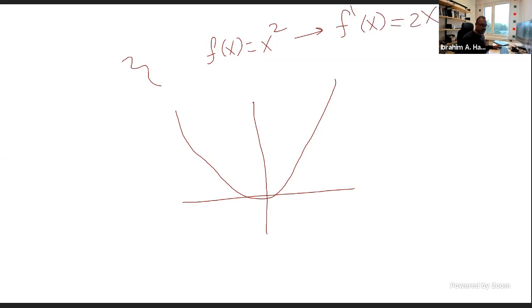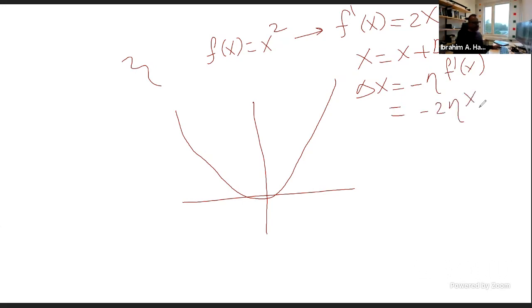So now I need to solve this problem using gradient descent. The equation will be x equals x plus delta x, and delta x will be minus learning rate multiplied by f dash x, correct? So it will be minus 2 eta multiplied by x. So this is gradient descent.